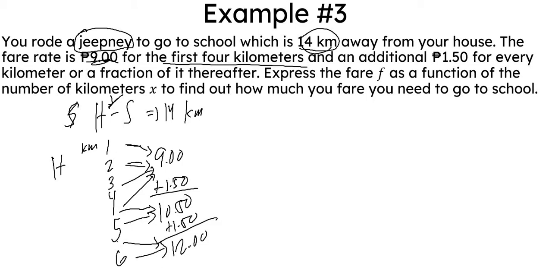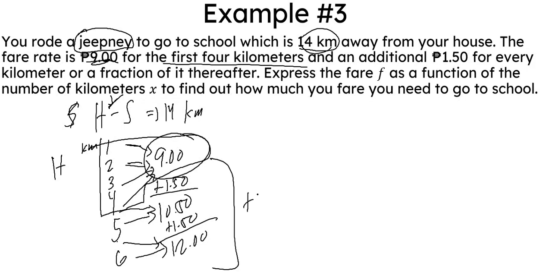So, how do we now represent this? The first part of our situation pertains to just 9, while the next part of our situation has a plus 1.50. Can we have a formula for this?